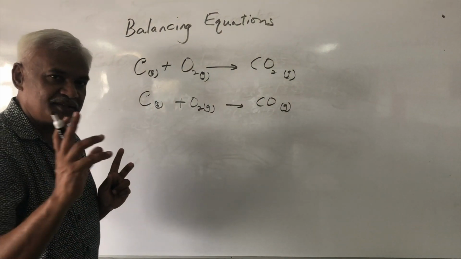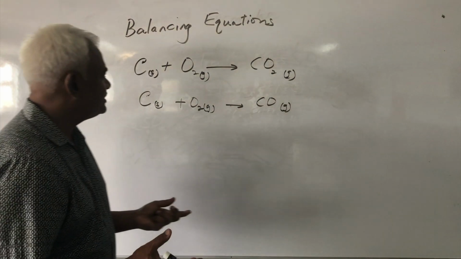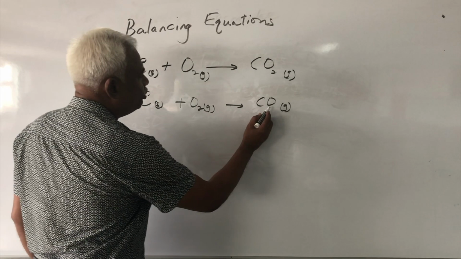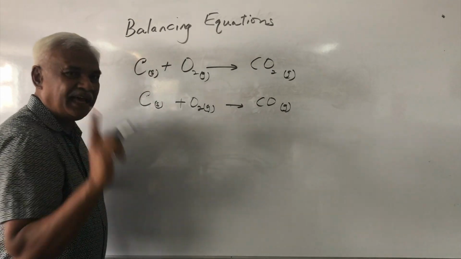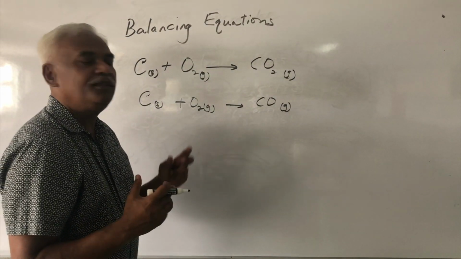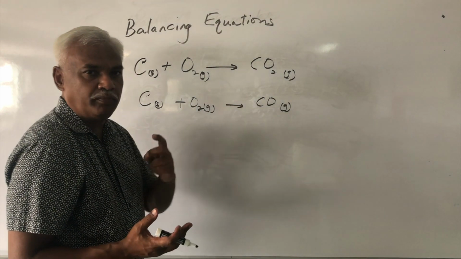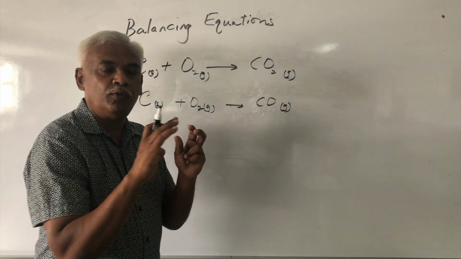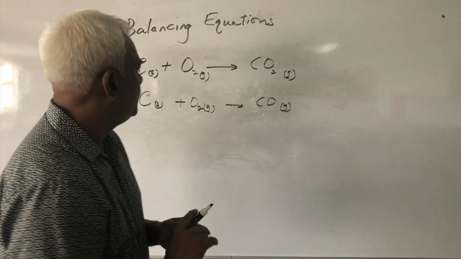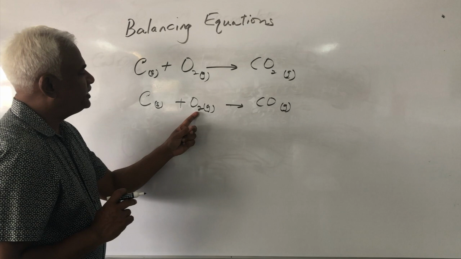So something is off with the oxygen, so I need to balance. Now, I could put a 2 here, but that will be changing the equation. Carbon monoxide is formed, CO. I have to maintain CO.